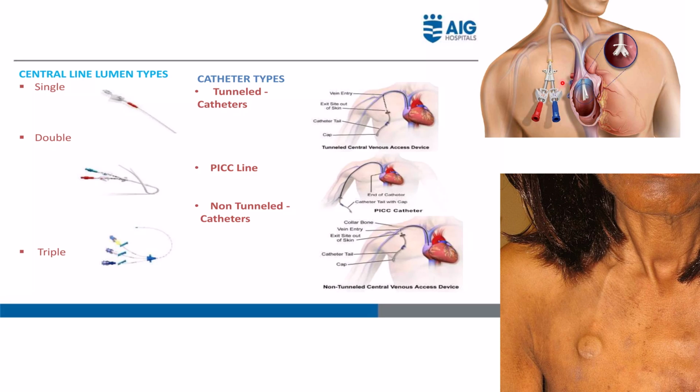This is a dialysis catheter. How is a dialysis catheter different from the usual tunneled and non-tunneled catheters? Look at the size. The bore of the lumen is very high compared to the usual catheters. There are two lumens, one red and one blue. The red lumen is called the arterial lumen and the blue lumen is called the venous lumen.